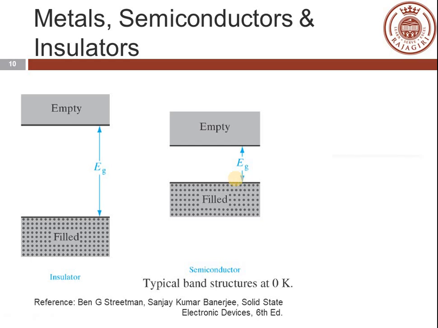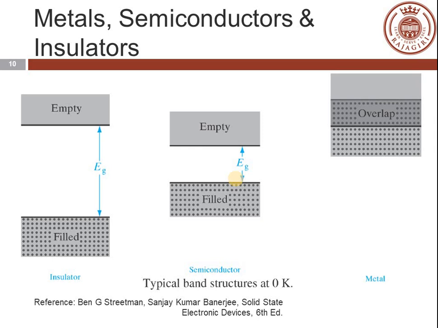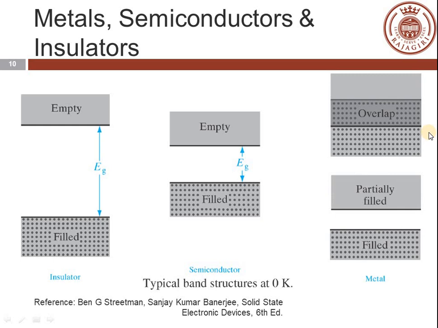Next is metals. In metals, there are two possibilities. Either the conduction band and valence band can overlap, or there can be a fully filled valence band and a partially filled conduction band separated by a small distance. In both cases of metal, conduction is possible.